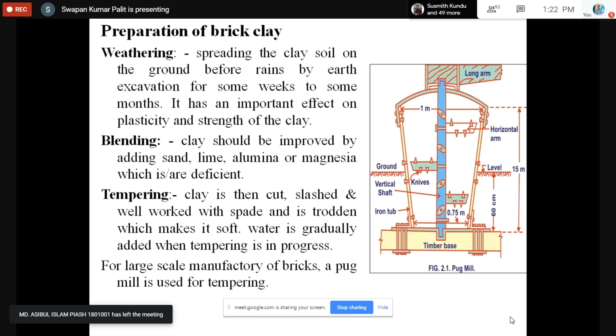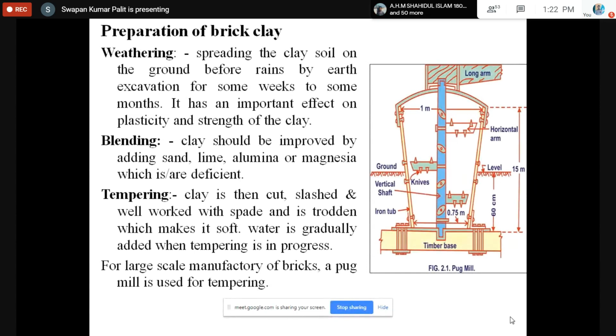Then what we have to do? After adding, tempering. Tempering means clay should be cut, slashed, and worked with a spade. Do you know spade? Any response? What is a spade? Spade means in Bengali it is called kodal.